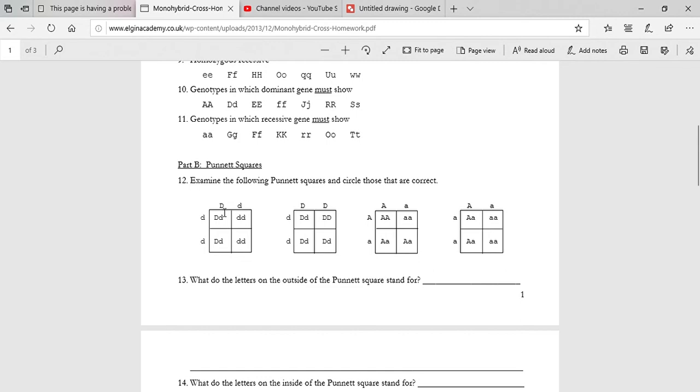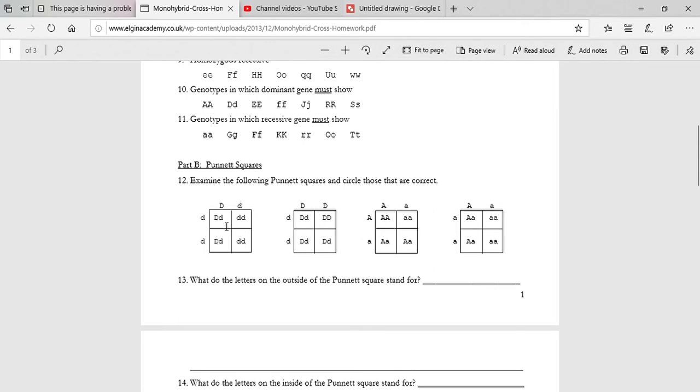For example, if you look at this one, you're looking at the parental gametes that you deduce from the problem or the information given to you. Usually you would put the maternal gametes on this side, and the paternal gametes on the vertical side of the grid, and you would then see what kind of possibilities are likely.